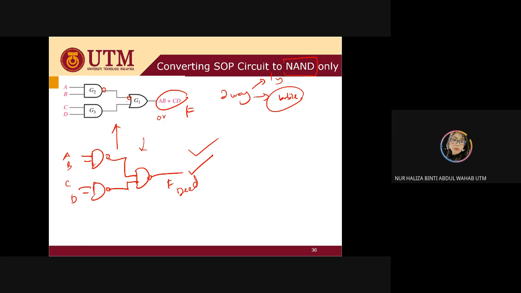Then it can cancel each other. You put here, you need to put another one. This is your NAND gate already as required. And this is negative OR and similar to also your NAND gate. So you have full correct marks there.